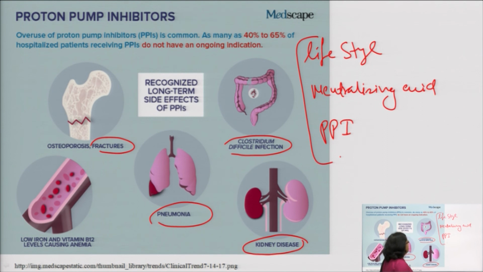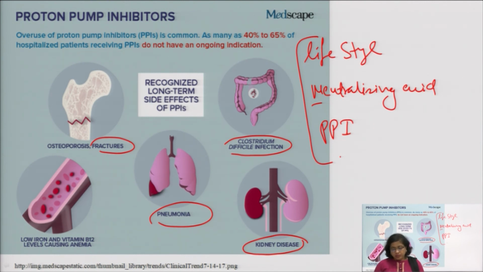Second is neutralizing acid. Sometimes you take some antacid, like a home remedy; these are short term therapy. If you are not maintaining your lifestyle, if you do not change your food habits, if you do not include physical exercise in your daily routine, then you will face peptic ulcer like problems day to day.